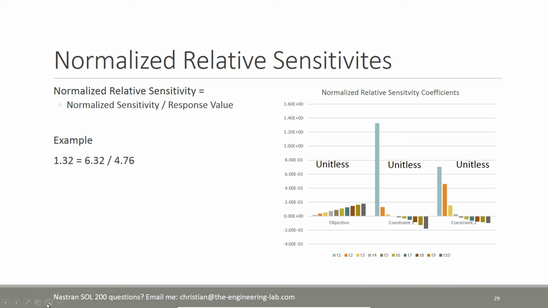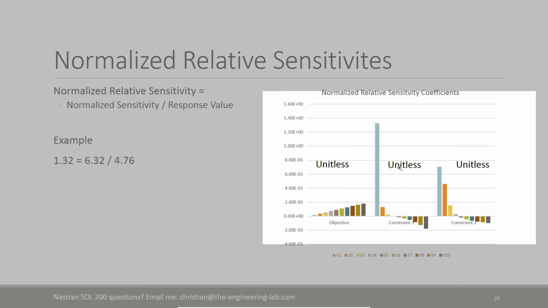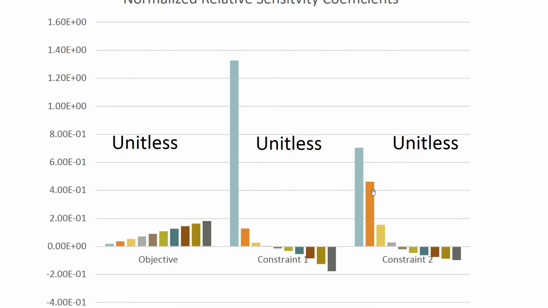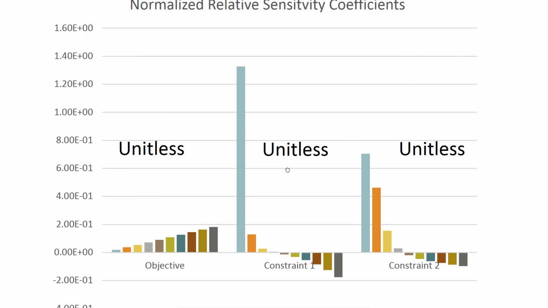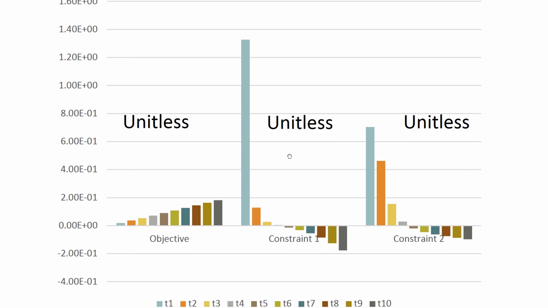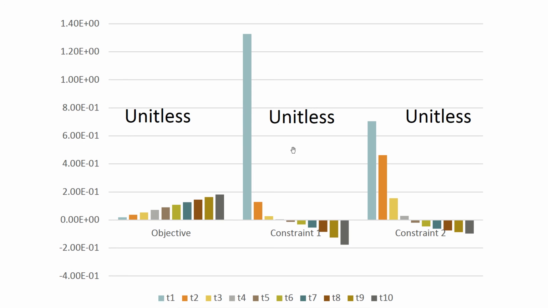The benefit of calculating these normalized relative sensitivities is that your new coefficients will be unitless. So now you can interpret the coefficients in terms of change, if you will, without having to worry too much about units.